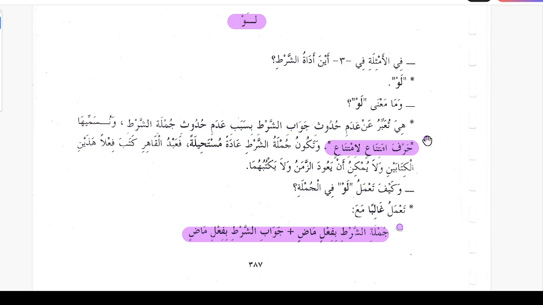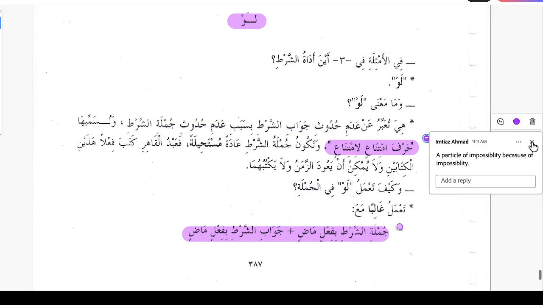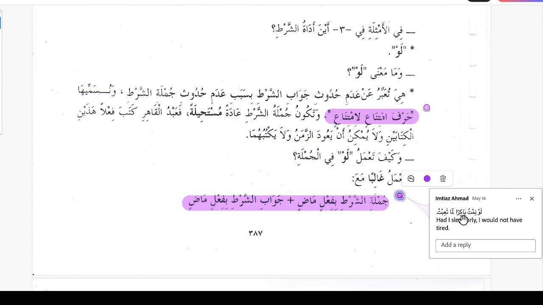So I have here an example. Law nimtu bakiran lama taibtu.